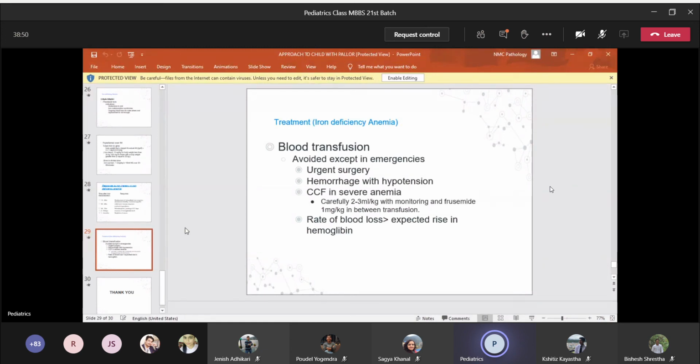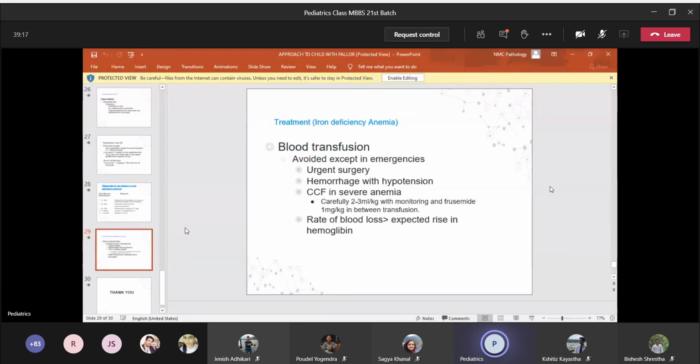Also if the patient is presented with congestion and severe anemia, we can transfuse. But in a patient with CCF, we have to be very careful while giving blood transfusion. Usually the volume that we transfuse is 10 to 15 ml per kg, but in this case we have to be very careful.